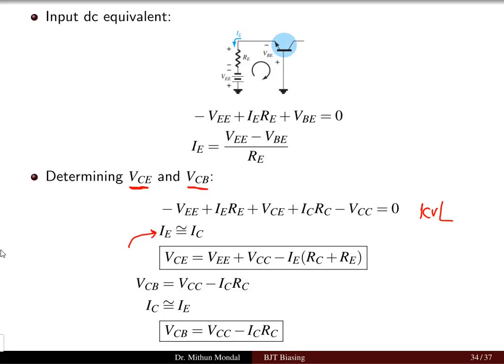The assumption is that the emitter current is approximately equal to the collector current, and substituting this in the KVL equation, we get the collector to emitter voltage. The collector to base voltage we can obtain by taking the drop across the collector resistor out of the collector supply, since the collector current is normally equal to the emitter current.